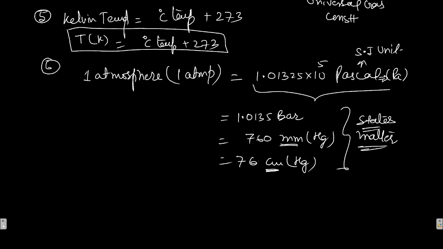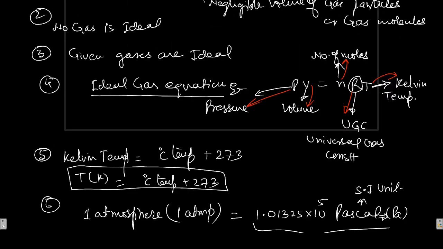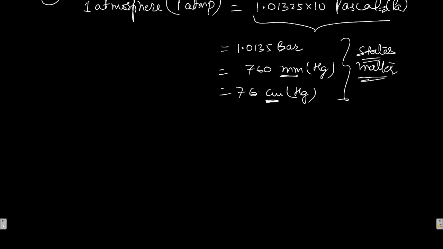After talking about the units of the temperature and the units of the pressure, the 7th point is the units of the volume. 1 liter is 1 cubic decimeter. You have to remember this.